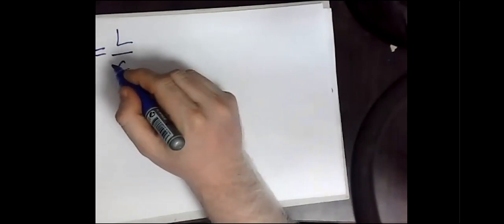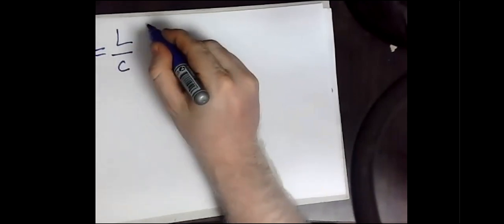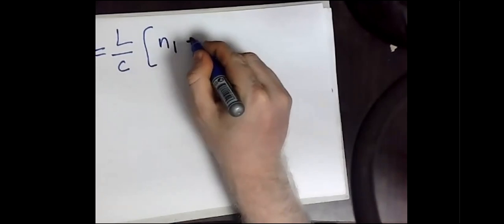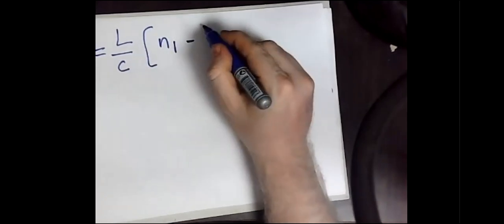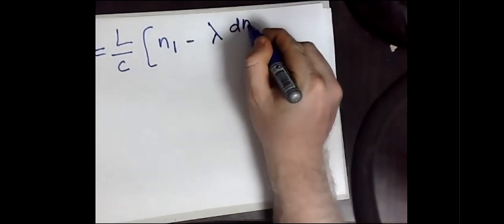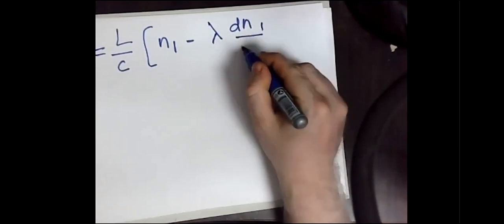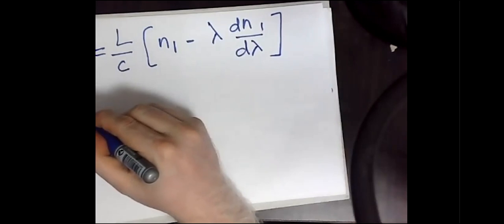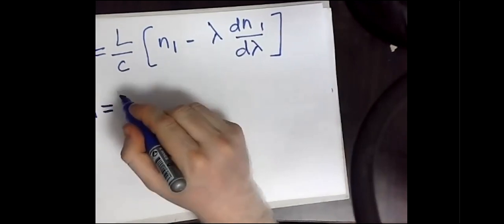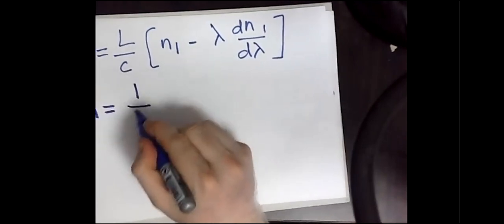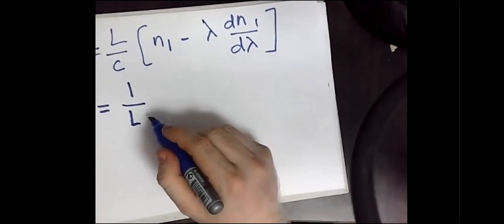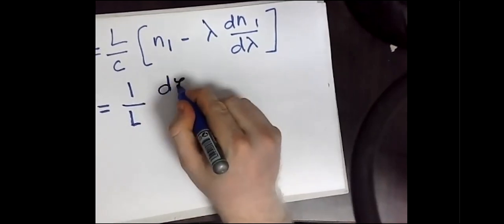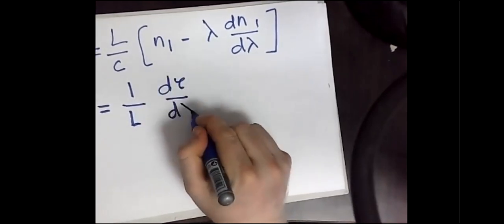We have the term tau, which equals L over c, n1 minus lambda dn1 by d lambda. And we introduce the term M as 1 over L d tau by d lambda.